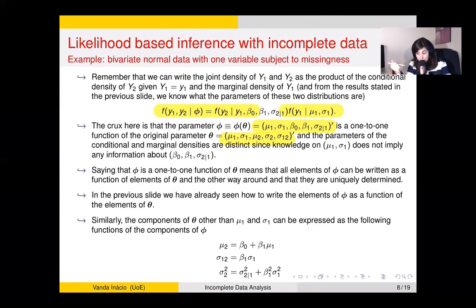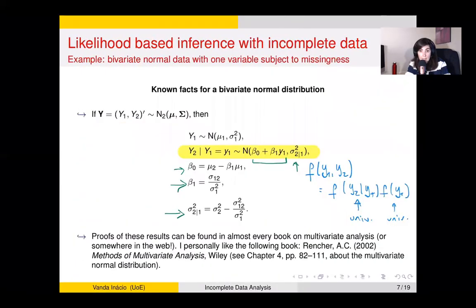Saying that the parameter psi is a one-to-one mapping of the original parameter theta basically means that I can write any element of psi as a function of the elements of theta, and this is exactly what I have here.